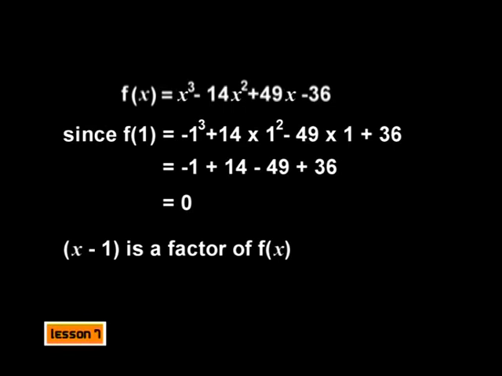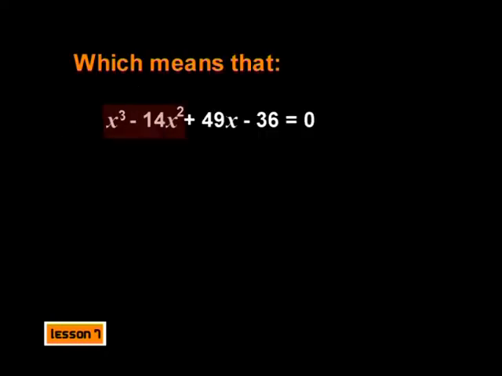Great! So now we know that x minus 1 is a factor, because we get 0 when we substitute 1 for each x, which means that x cubed minus 14 times x squared plus 49x minus 36 equals 0 can be factored as x minus 1 times something.